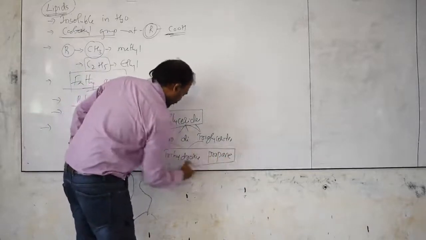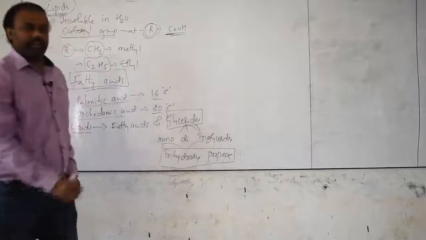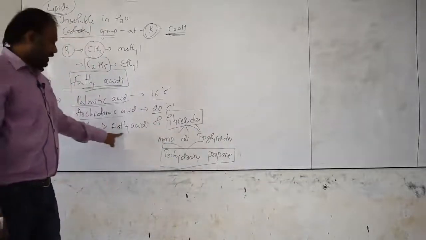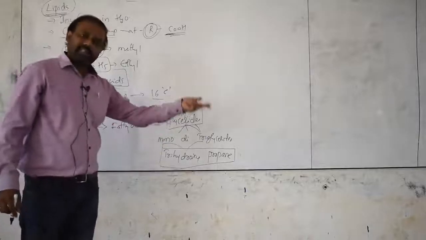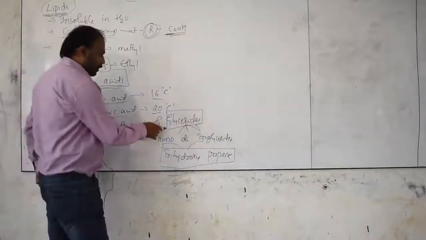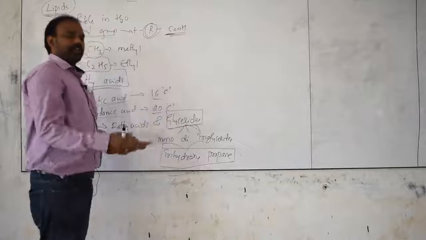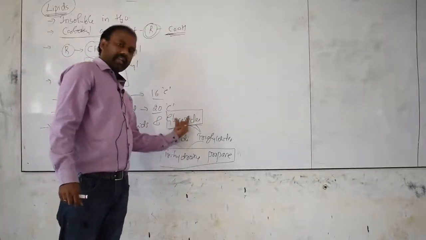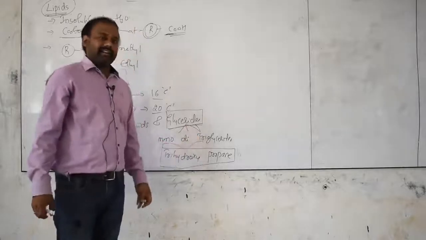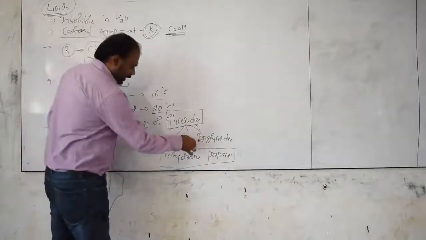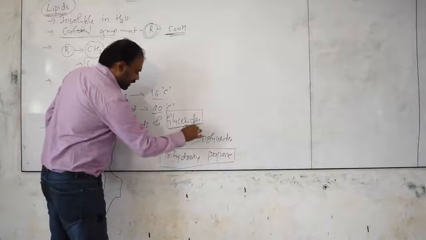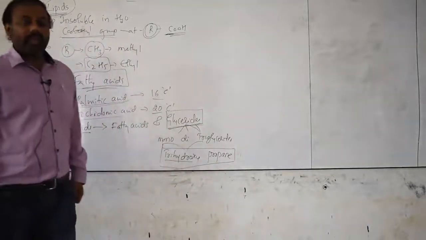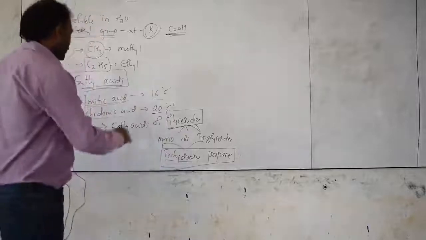Do remember, in the examination they are going to ask, in the CET or in the NEET. The lipids are made up of fatty acids and glycerides. The number of glycerides can be represented as monoglycerides, diglycerides, and triglycerides. Here this glyceride is also represented as trihydroxypropane. This is one topic.